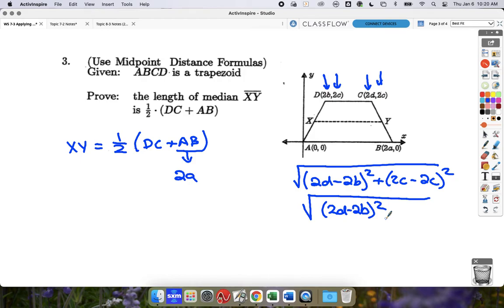The same thing as saying the square root of 3 squared. What's 3 squared? What's the square root of 9? So the square root of 2D minus 2B squared is just 2D's minus 2B's. So DC has been calculated as 2D's minus 2B's plus 2A's.